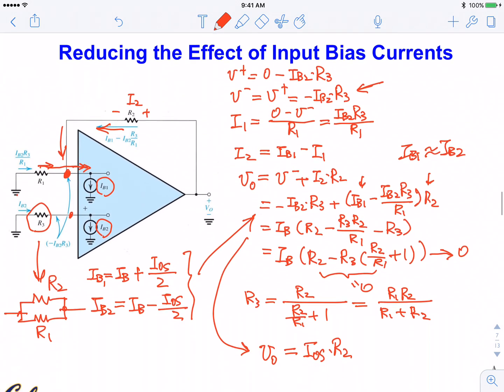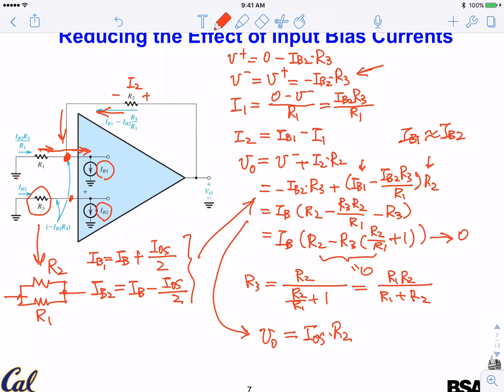If we do this trick, it's IOS times R2. So we reduce it by about 10 times, since IOS is roughly 10% of IB. So we reduce that output voltage by 10 times. That's quite significant. Okay. So this is the type of trick we will need to use to mitigate each of these practical aspects of the op-amp.